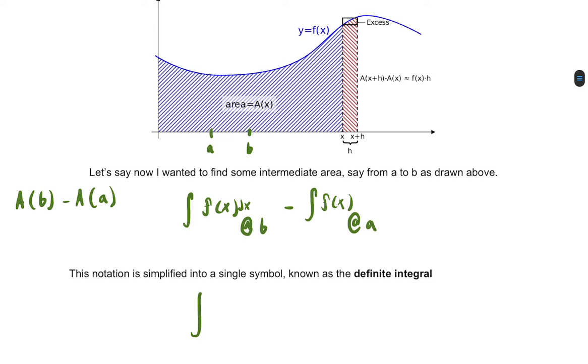We combine this into a single definite integral, the definite integral from A to B of f of x, is how we would represent that.